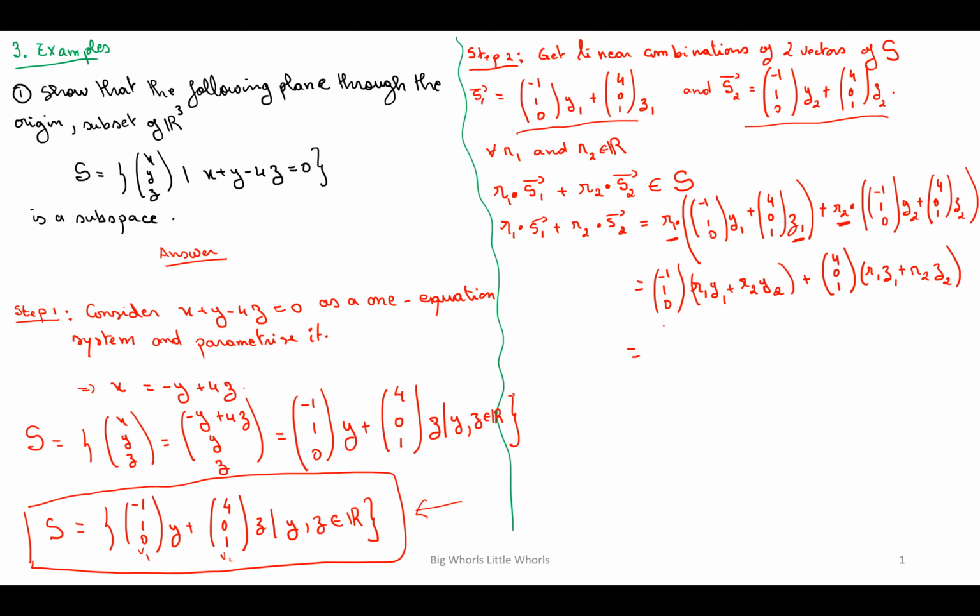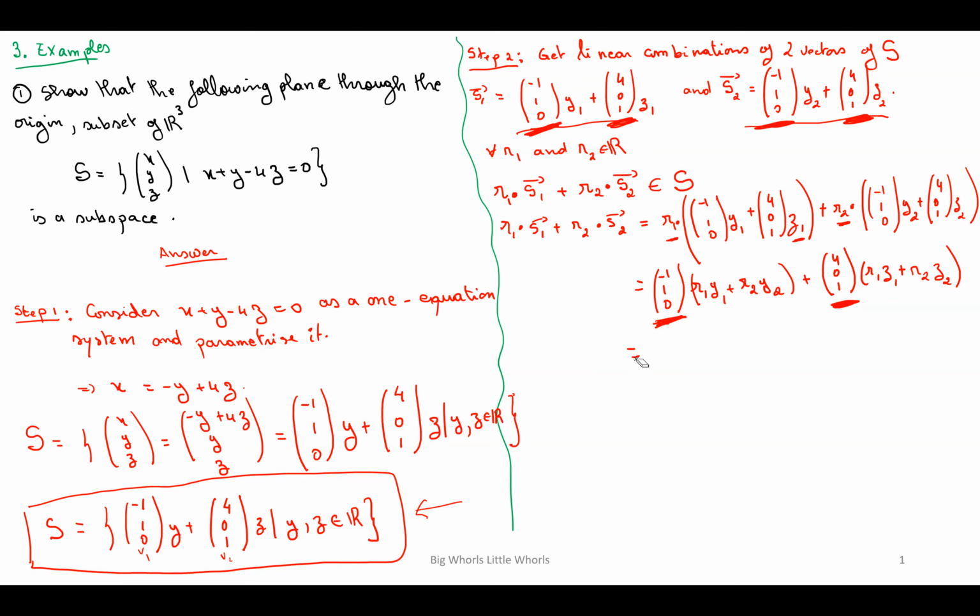Yes, we are going to get a vector which is made of these two vectors, because here, look, r1 y1 plus r2 y2 is just a scalar. So we pick two vectors from the subset, we add them together, we get a vector of the same structure. Is that okay? And if you remember from chapter 1, a linear combination of linear combinations is a linear combination.